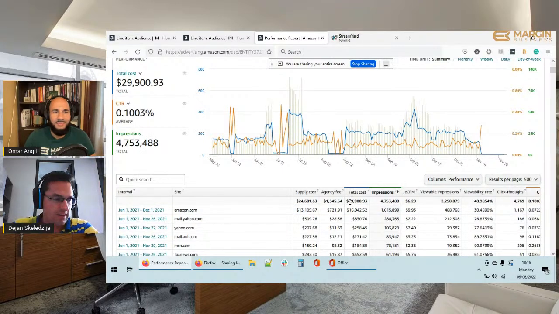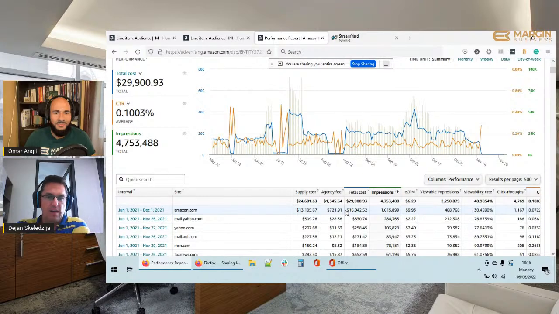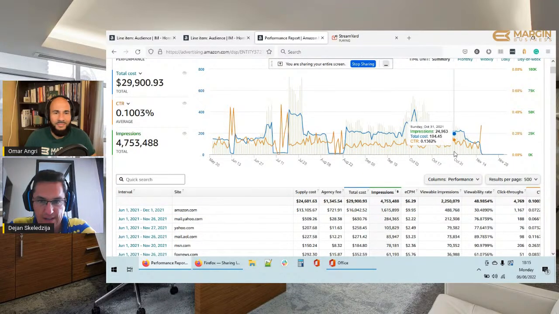Now, one thing, asterisk, small print. Everything here is just pure data and could be extremely boring and is very small text. This is normal font in Amazon DSP. It's very small and there's an incredible amount of data here. You will get overwhelmed with this for sure.